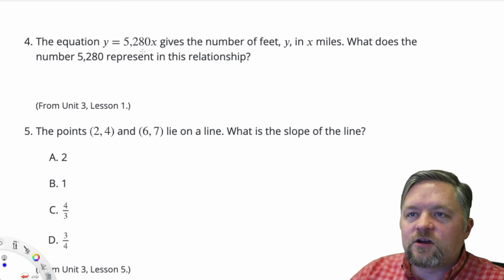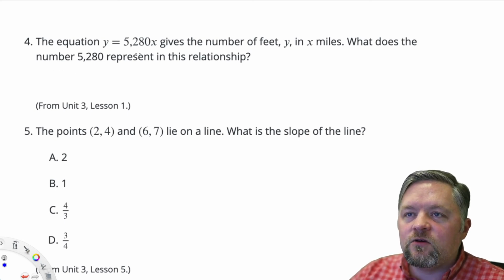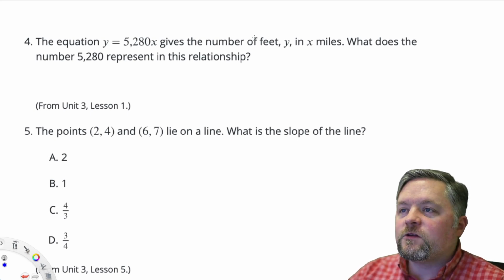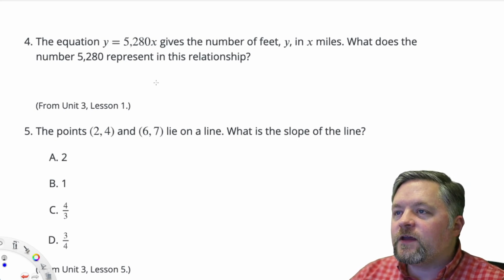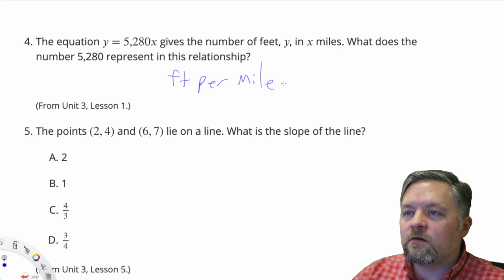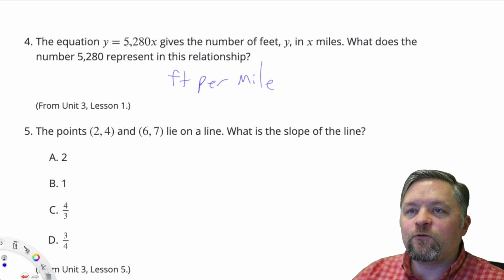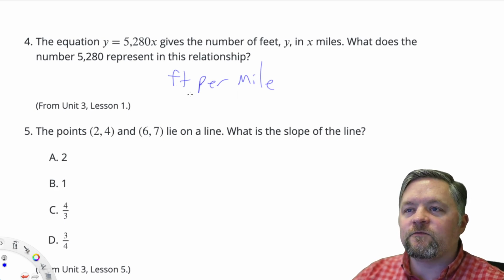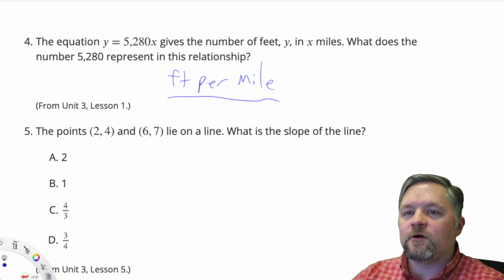So it's the coefficient of x, it's the slope, but for this we have to think we have number of feet, number of miles. 5,280 in this is the number of feet per mile. Because if we multiply the number of miles by 5,280 to get the number of feet, that's the number of feet per mile.